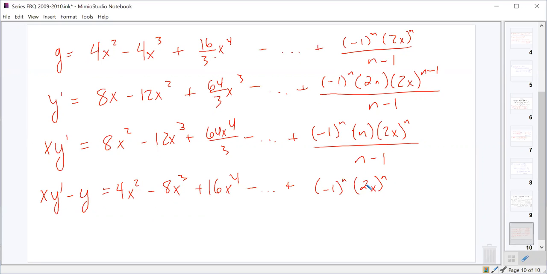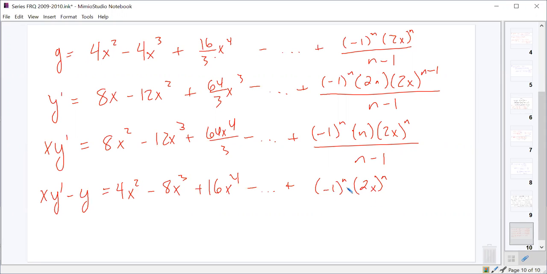So negative 1 to the n, 2x to the n. That'll give me 4x squared for n equals 2. For n equals 3, it'll give me minus 8x cubed, and then plus 16x to the 4th, and so on. So xy prime minus y is the series of negative 1 to the n times 2x to the n.